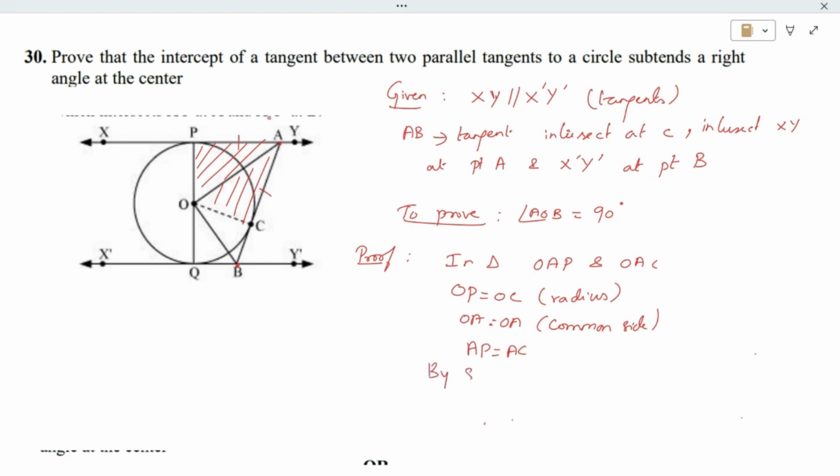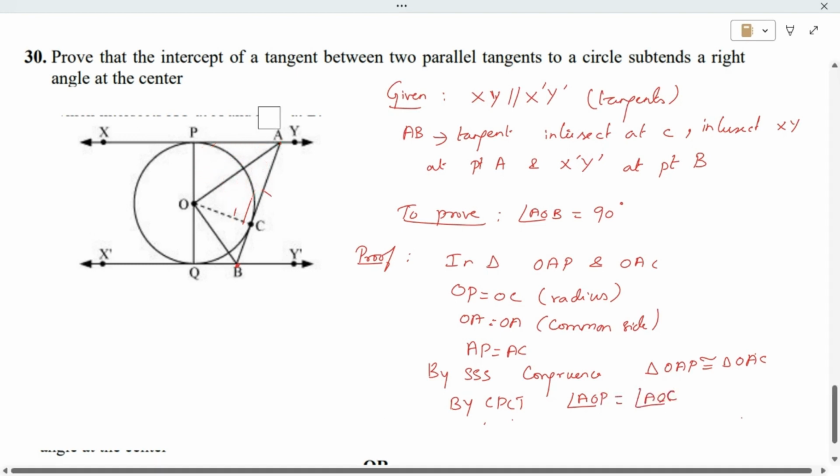So by SSS congruency, I know these triangles are congruent to each other, right? That is, triangle OAP is congruent to triangle OAC, which means by CPCT, I can say angle AOP is equal to angle AOC. Got it? So let me consider the angle AOP as 1 and angle AOC will also be 1 as per the congruency proof, right?